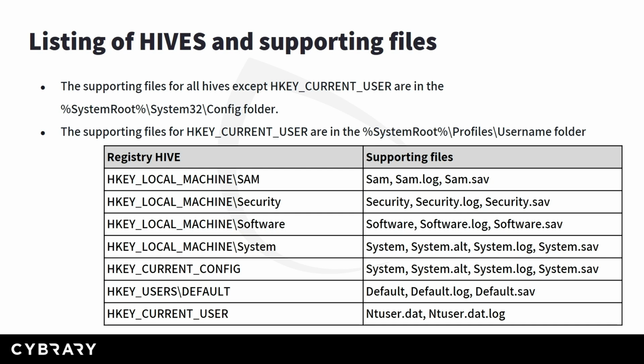As we can see in the table displayed, the file name extensions of the files in these folders indicate the type of data that they contain. For example, .log indicates a transaction log of changes to the keys and value entries in the Hive. .sav is a backup copy of a Hive. Also, the lack of an extension indicates that the file is a complete copy of the Hive data.